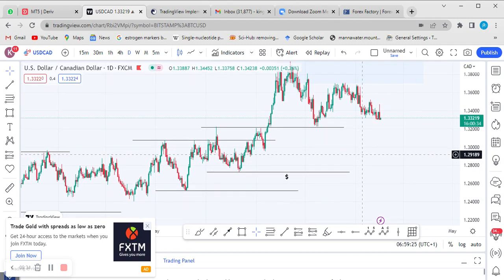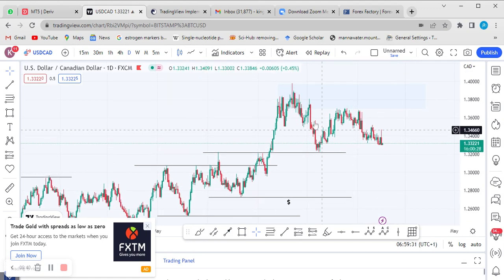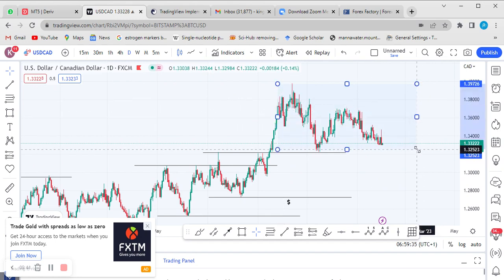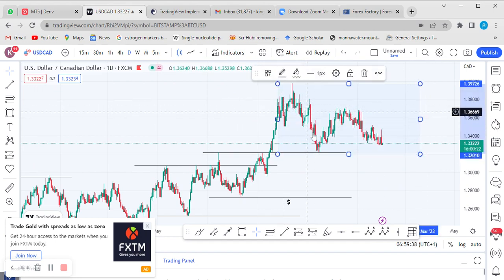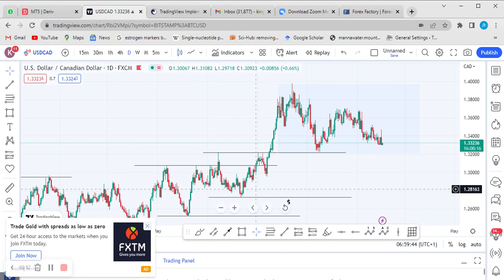Since we are already waiting for price to break the structure here to confirm our valid sell, let's study the pullback. We also have a pullback at this point. That is showing us a sign that price is coming down into the zone.